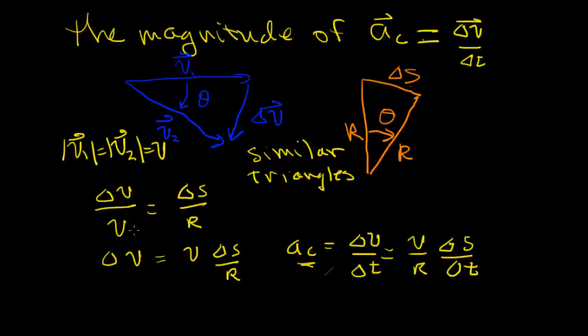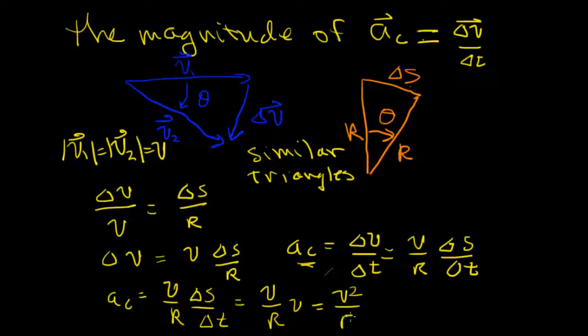And so this just becomes a sub c is v over r times delta s over delta t. But delta s over delta t is just the rate of motion of the object, which is just v. So it's v over r times v, or v squared over r.